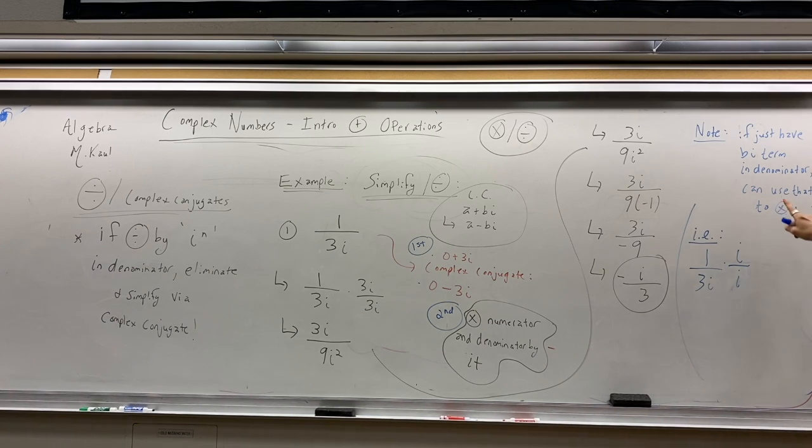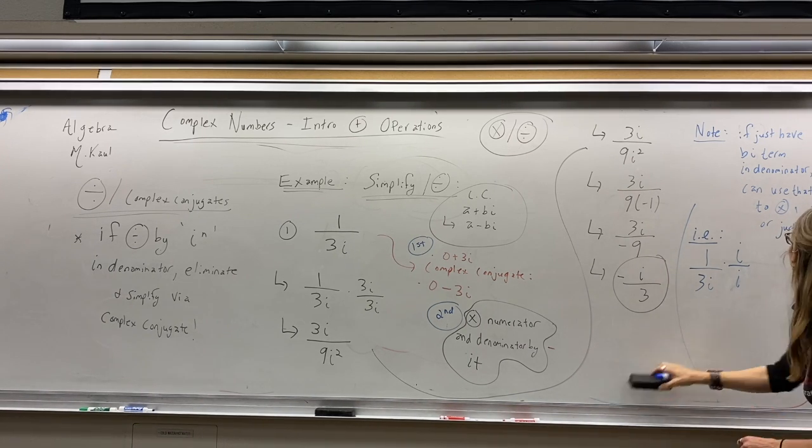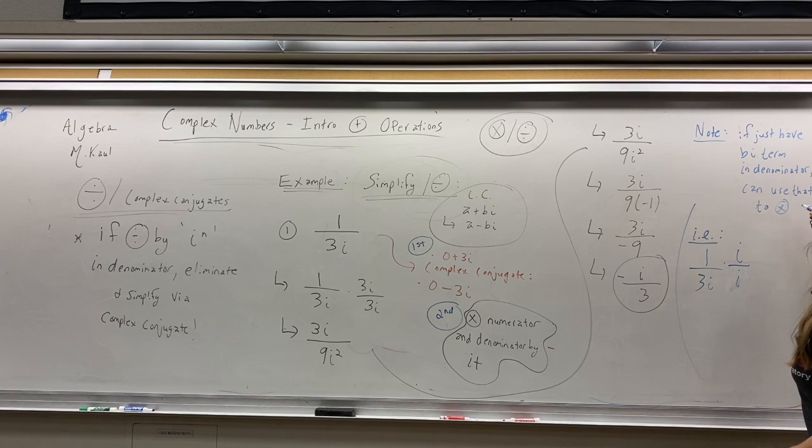So if I have a bi term in the denominator, you can use that to multiply, or just i. Some ways you could cut corners here. Okay, so I could just multiply by i over i, and then I have i over 3i squared, and that becomes i over negative 3, which is the same thing.